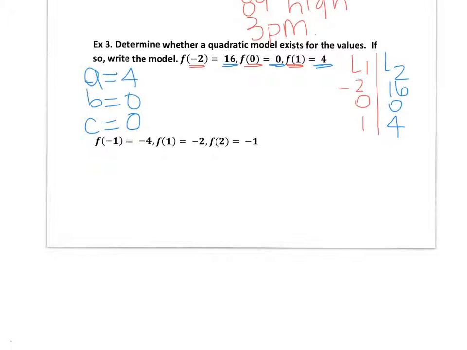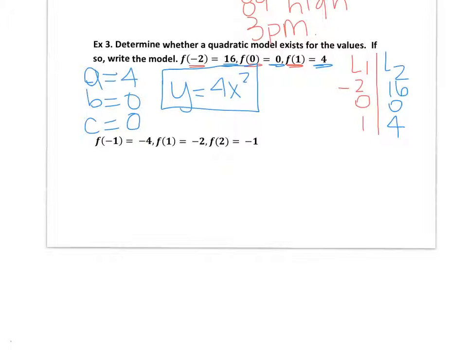That's actually just a very, very tiny number, almost 0. So we're just going to say it's 0. Y equals 4x squared. So when I write that out, do I have a number in front of my x squared term? Yes, I do. So this is the quadratic model.